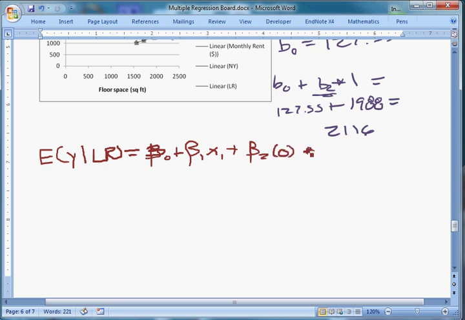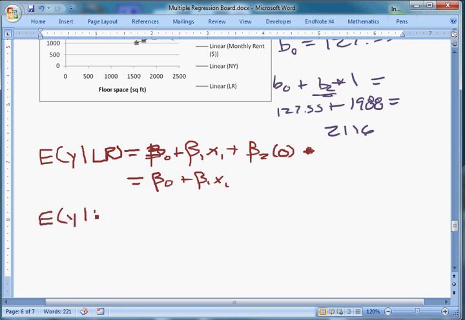And that's the expected value, so we don't have an epsilon, which means that it's just equal to beta 0 plus beta 1 x1 floor space. If we know we're in Little Rock, that's the expected rent: the intercept term plus the coefficient on floor space times floor space. What happens when we look at an apartment in New York?